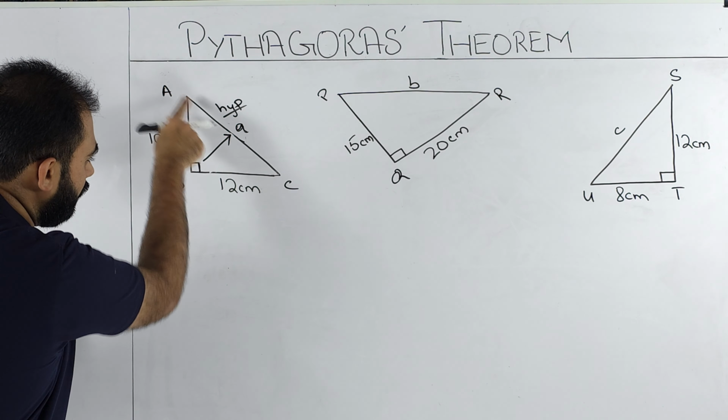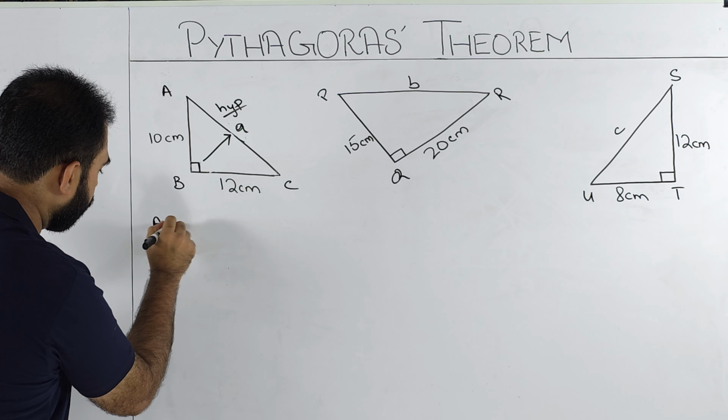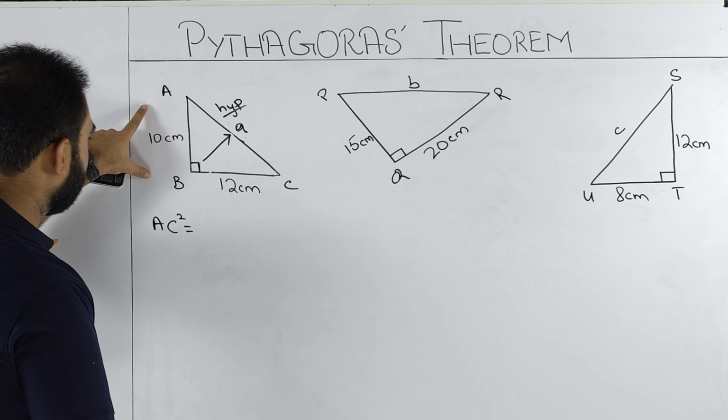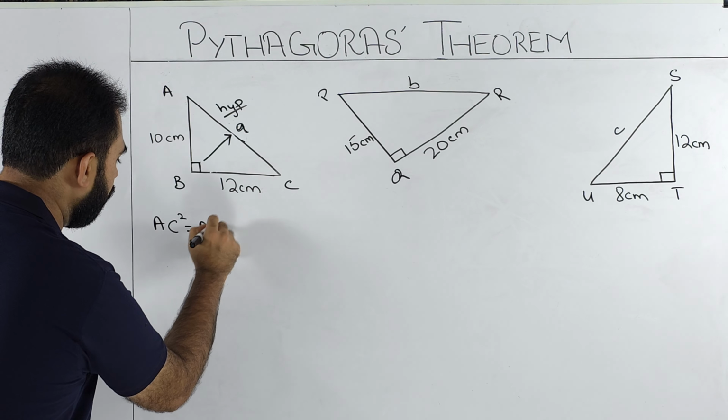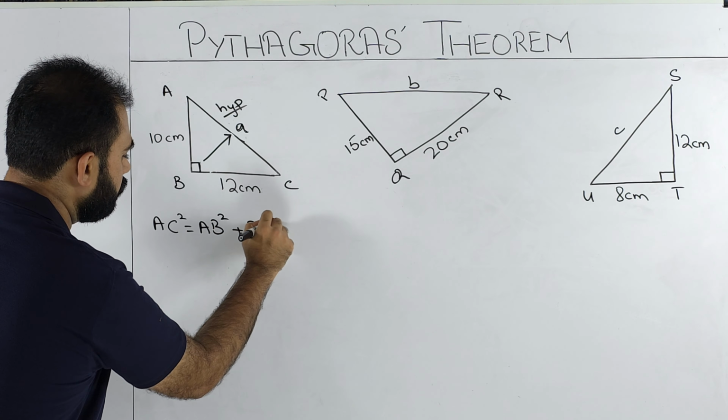According to the formula, this length squared is equal to this length squared plus this length squared, that is AB squared plus BC squared.